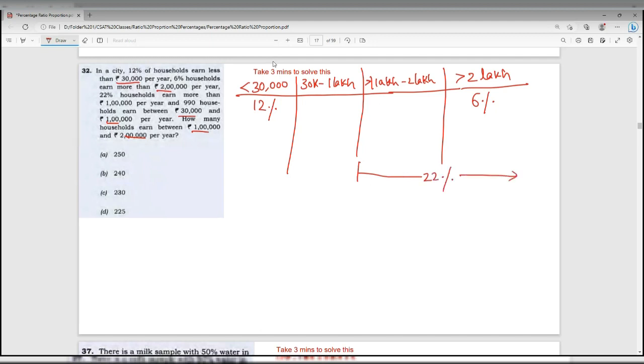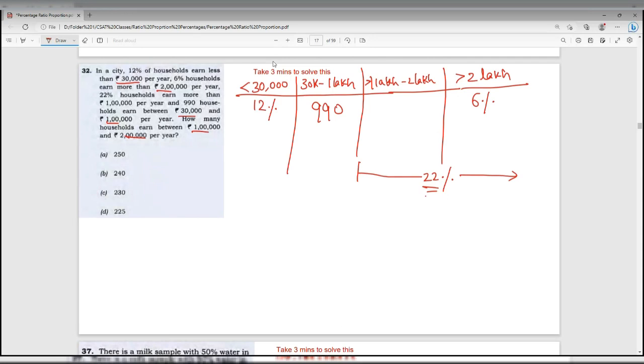This 22 includes this 6% also. And 990 households earn between 30,000 and 1 lakh per year. They are asking how many households earn between 1 lakh and 2 lakhs.